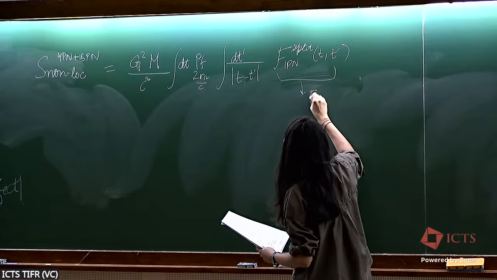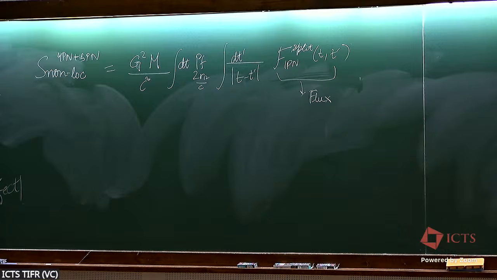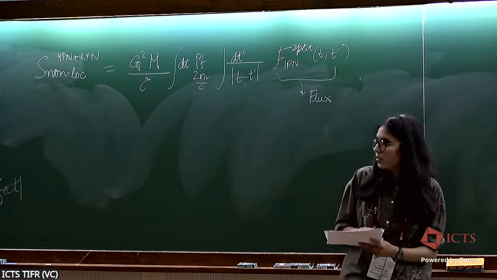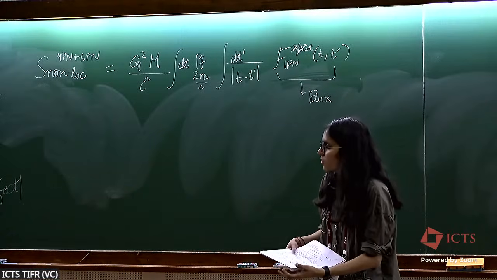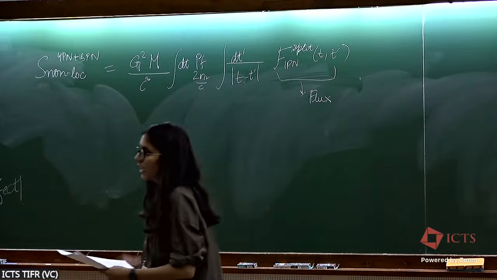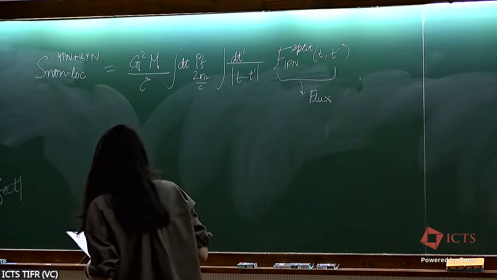So it's like the flux, which is made up of the Iij and Jij. So let's look at how and why we should get this structure of the non-local piece. I'll come to it one by one. We will look at the full term one by one.